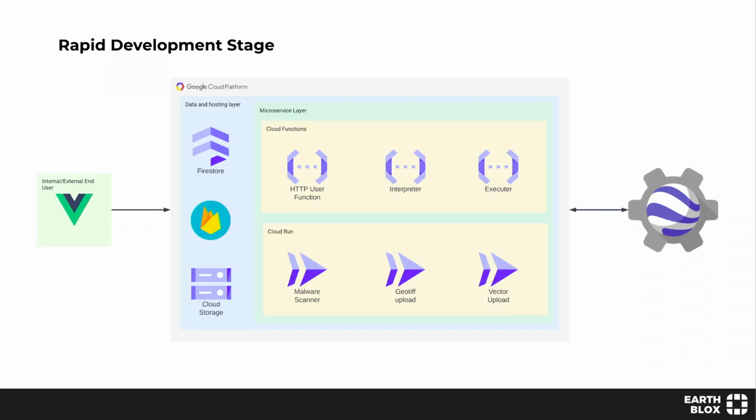And this was my first job at Earth: building a microservice architecture and moving to something a bit more scalable. Immediately you'll see we've moved on the front end to a Vue framework, which is similar to React if anyone's familiar with it. Firebase and Firestore for our hosting and database responsibilities. And then we're moving to a microservices architecture, running lots of cloud functions for business logic, and for the more advanced use cases, using Cloud Run.